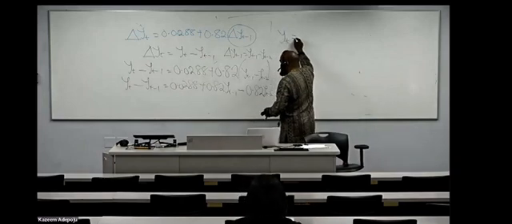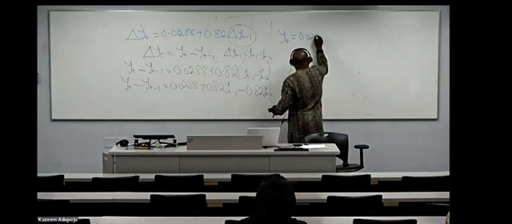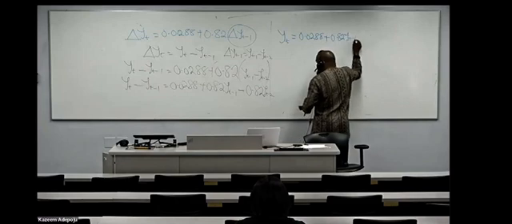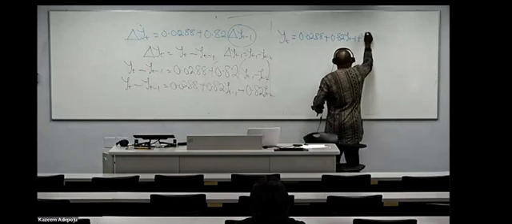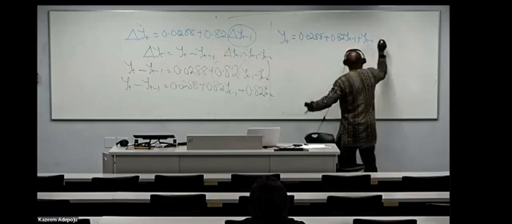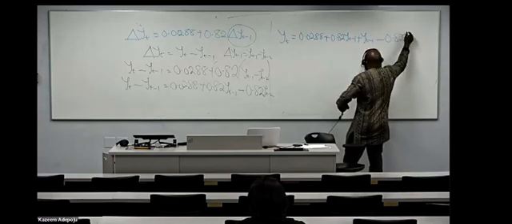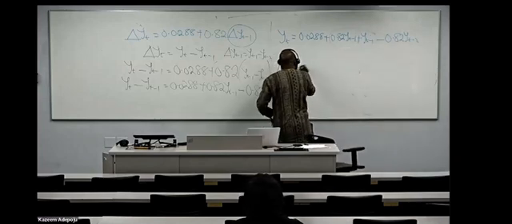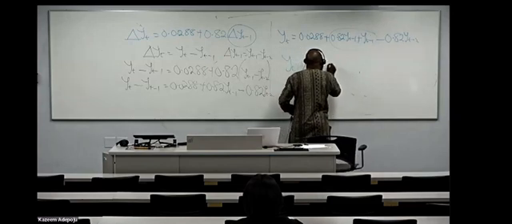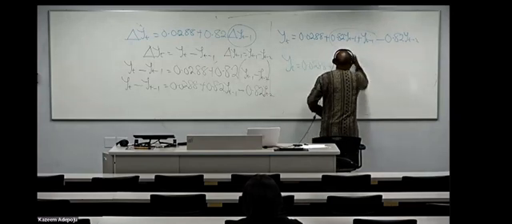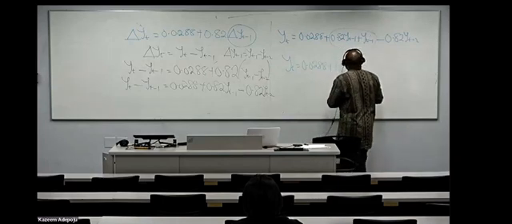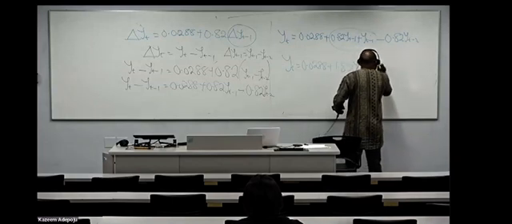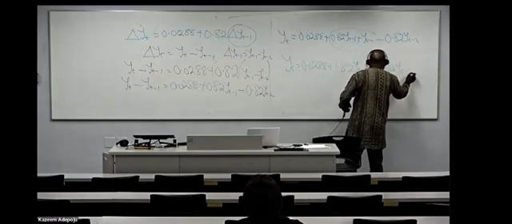So yt equals 0.0288 plus 0.82 yt minus 1. If that yt comes, it's going to be plus yt minus 1 minus 0.82 yt minus 2. So look at this: yt equals 0.0288 plus 1.82 yt minus 1, and when you factorize, minus 0.82 yt minus 2.